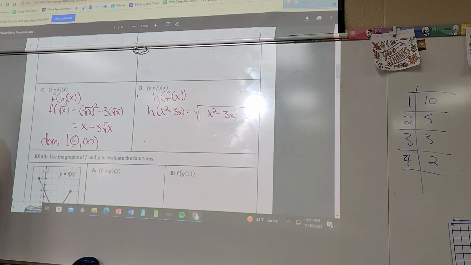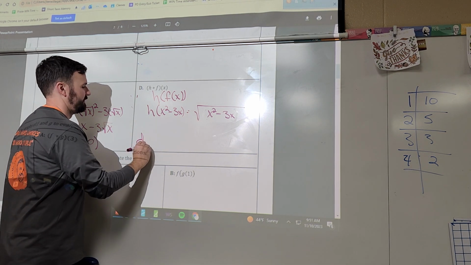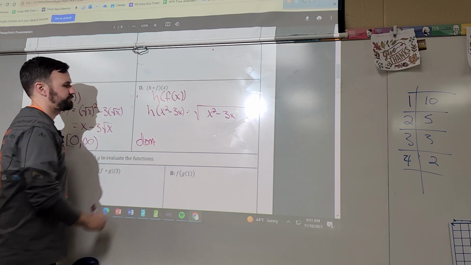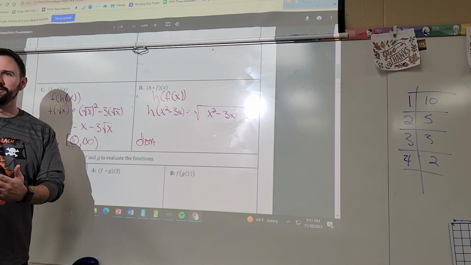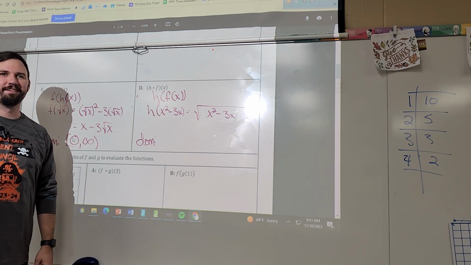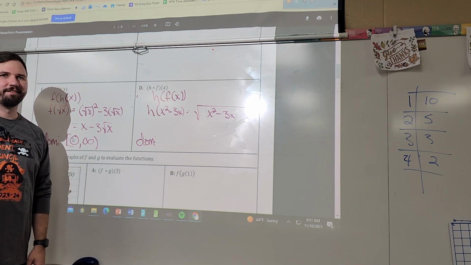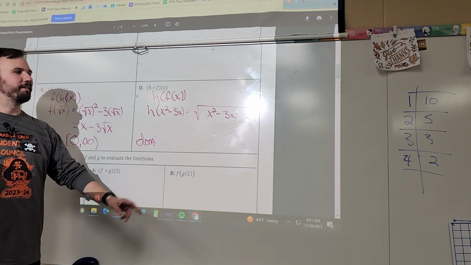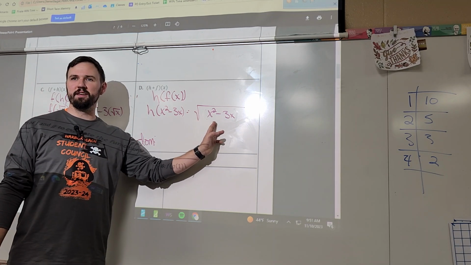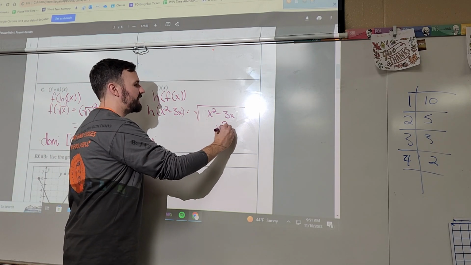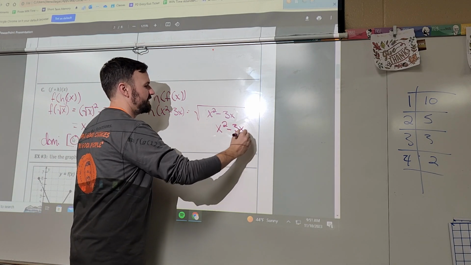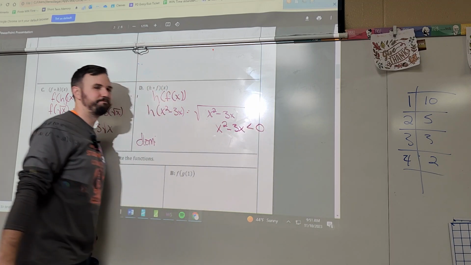Domain on the range, where the deer and the antelope play. What do I do? Yeah, what I'm going to do is, what can't this be? So I want to know, when is x squared minus 3x less than 0?